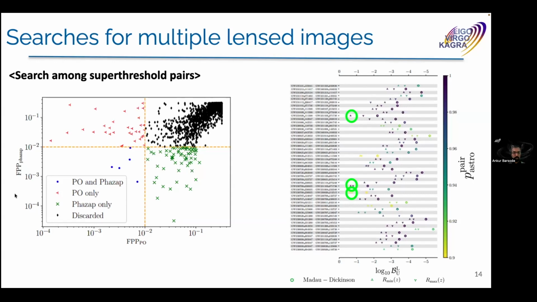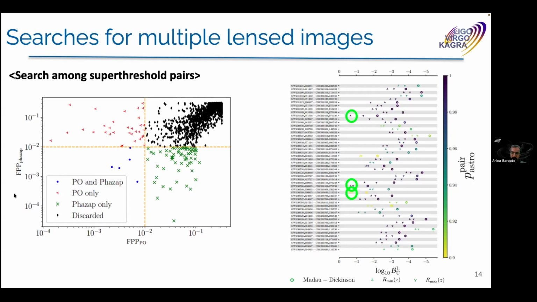And we put a threshold of 1% to be considered as potentially interesting. And we choose a conservative way of taking a union of the pairs which are passed by both the pipelines in tier 1. Once these pass to tier 2 and finally to tier 3, we obtain a Bayes factor, which is shown for the final set of 50 pairs on the right.